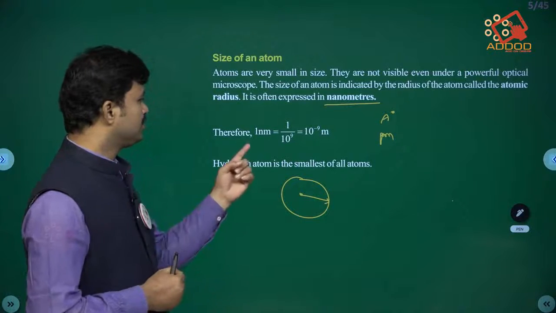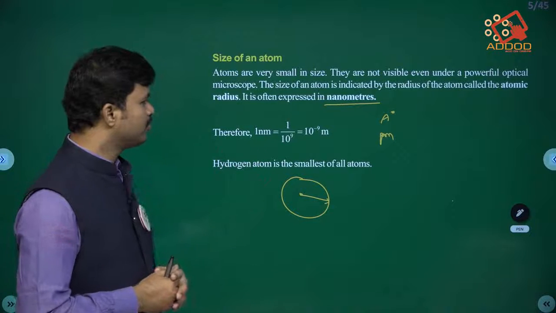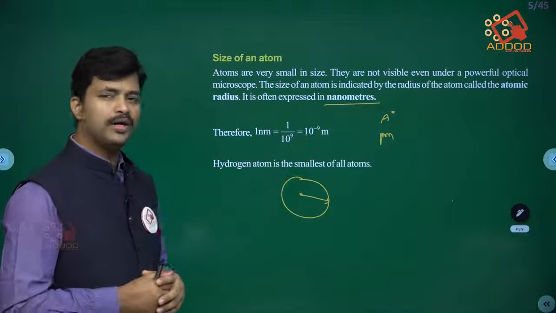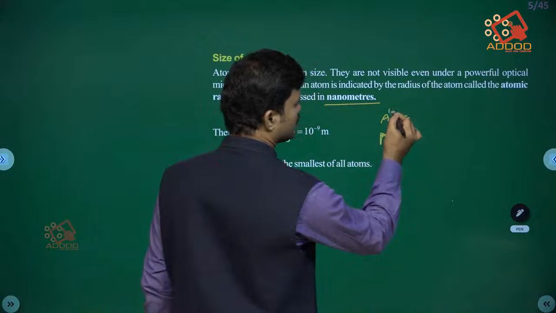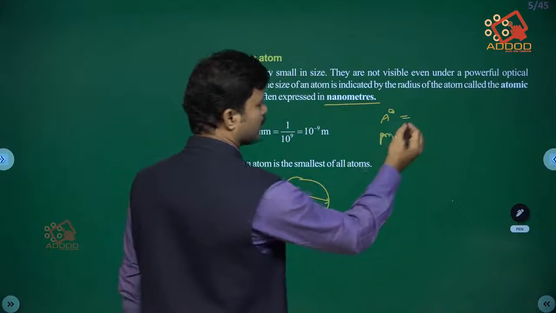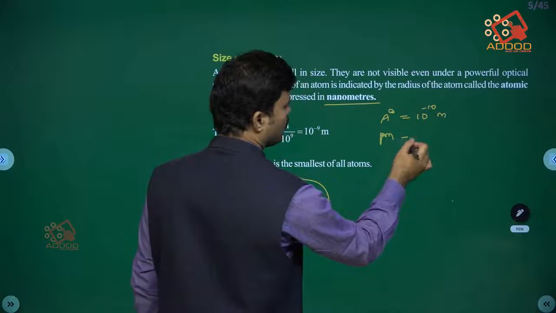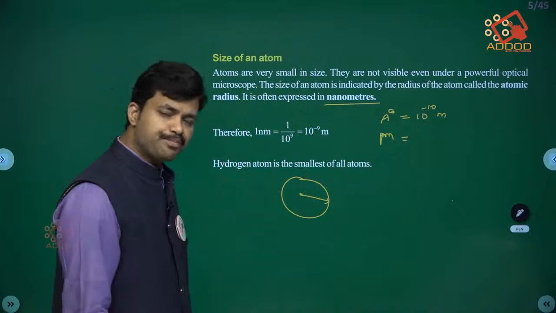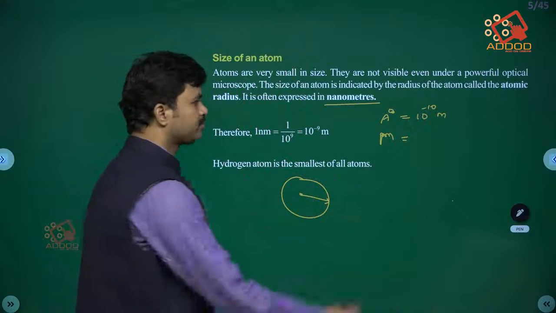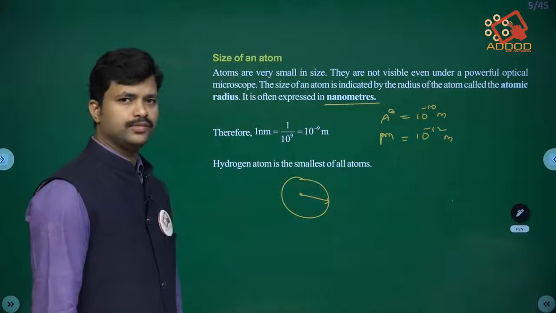So this is a nanometer. 1 nanometer equals 10 power minus 9 meters, and 1 angstrom equals 10 power minus 10 meters. 1 picometer, PICO, is 10 power minus 12 meters.